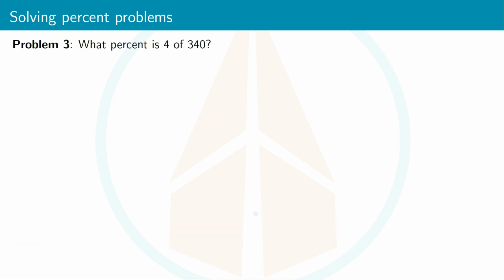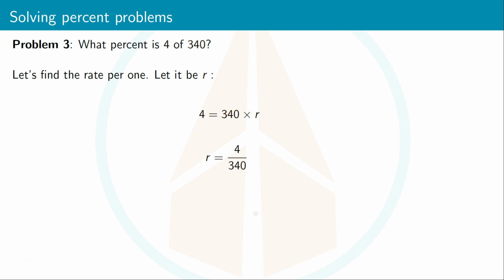Let's solve problem 3. What percent is 4 of 340? We need to find the rate per 1 first. Let it be R. We can build an equation now because we know the product, which is 4. The product is equal to the base multiplied by the rate per 1. Solving this equation, we'll find the rate per 1, which will be 0.0118.